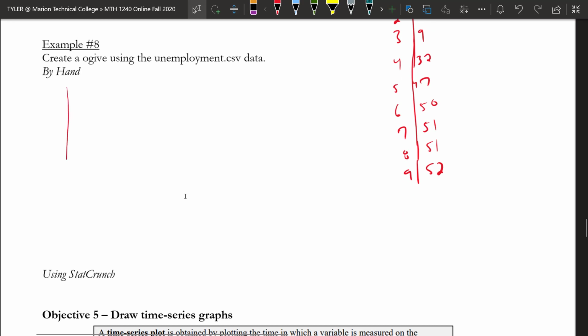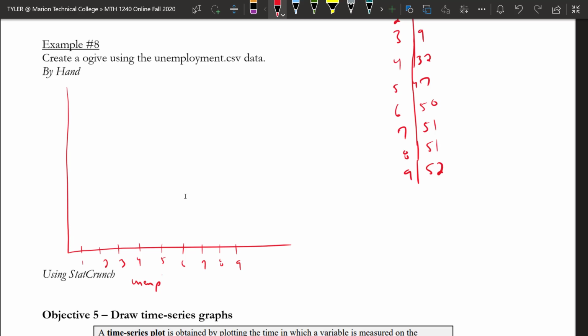So if I make a graph here, I can just list 1 through 9, and this would be the unemployment rate. And then over here we would have cumulative frequency. I'll go up by 5s.